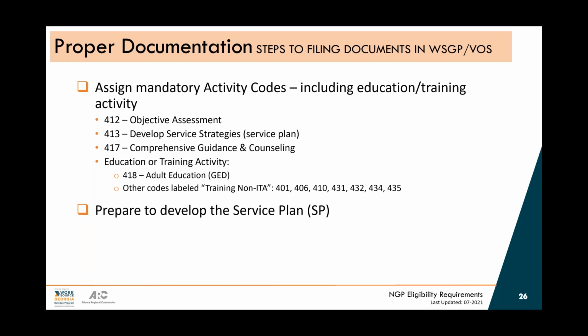You have another question. If we are waiting to put in the official GED scores into the measurable skills gain, wouldn't it be considered a credential at that point? Yes.